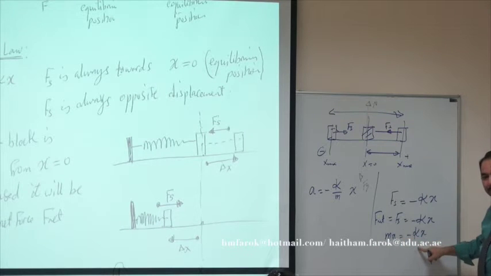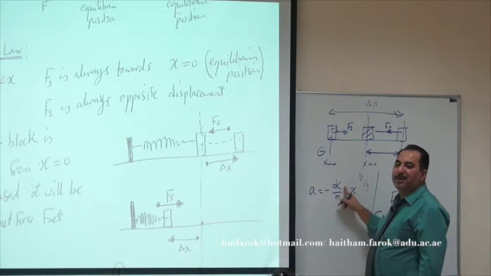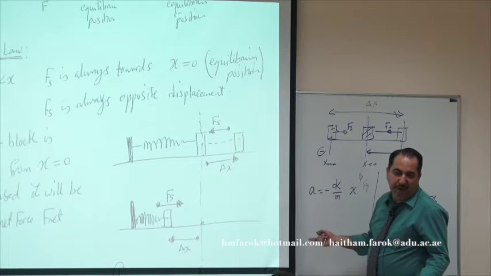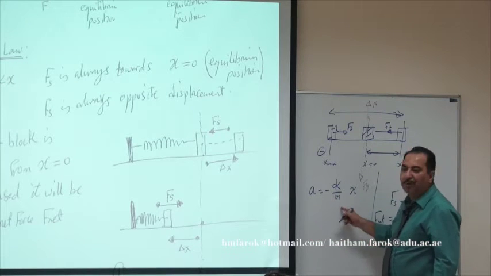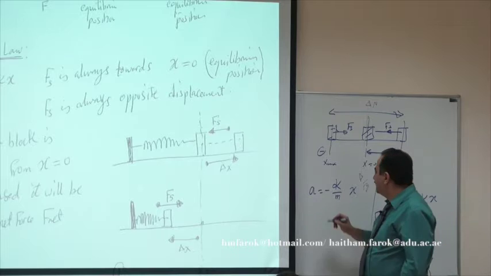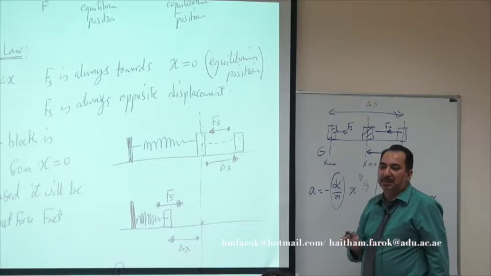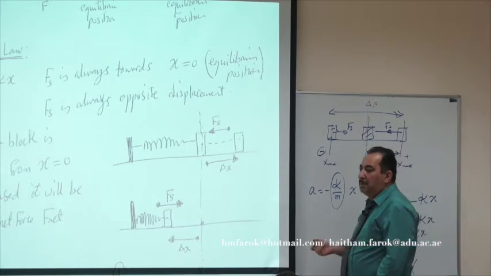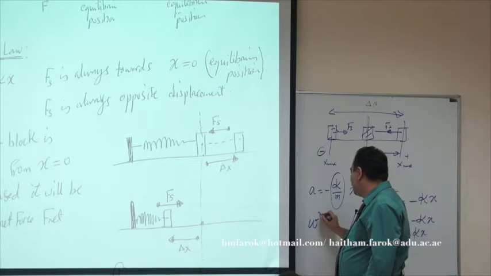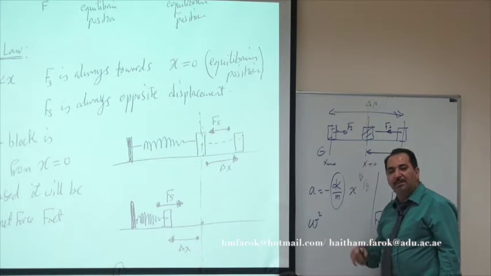Let's put them here. Kappa is a spring constant. Mass, yeah? Both of them are constants. So what we'll do, we say those 2 constants, let's call them something else. What shall I call them? I'll call them omega square. Now, why square? Because it has a reason.